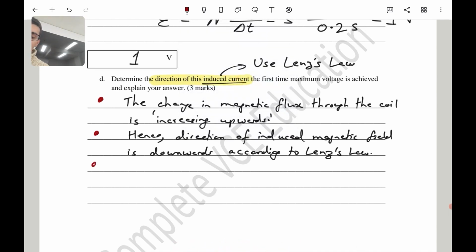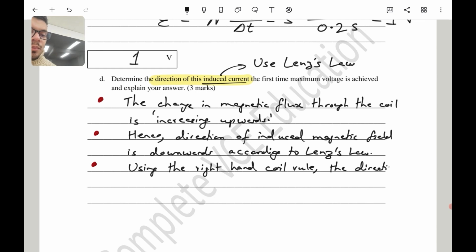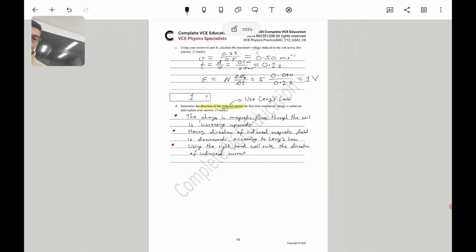Lastly, we have to use our right-hand coil rule. So using the right-hand coil rule, we can then determine the direction of the current. The direction of the induced current is going to be clockwise.